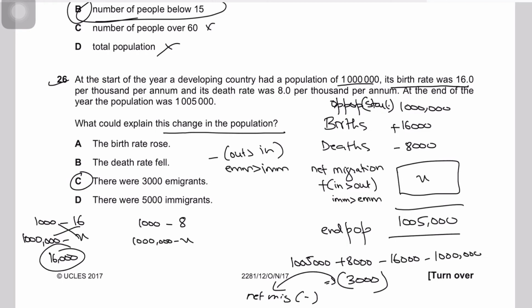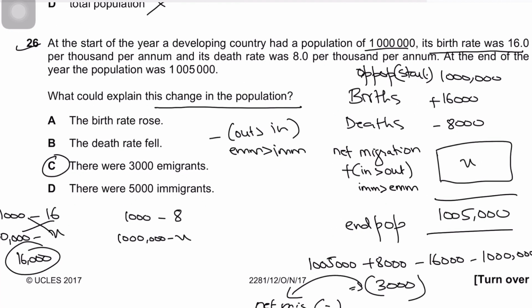Logically, there's another way of solving this MCQ as well. You say that there were 1 million people at the start, and 16,000 more were added. The 8,000 died. So the result should be 1,008,000. But how many are left?